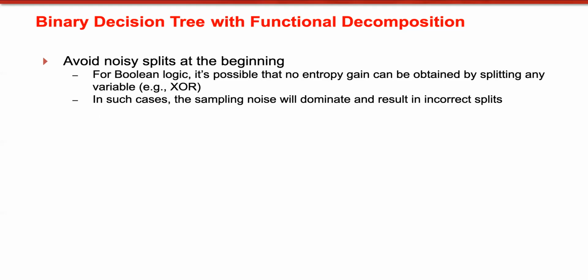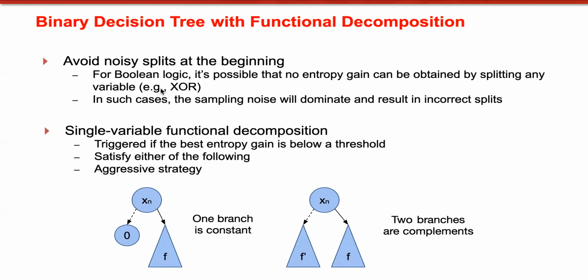To solve this problem, we integrated single variable functional decomposition into our training algorithm. This functional decomposition is triggered if the best entropy gain we found at a certain node is below some threshold. We determine that we can split on an input with functional decomposition if either of the 2 cases shown here is satisfied.